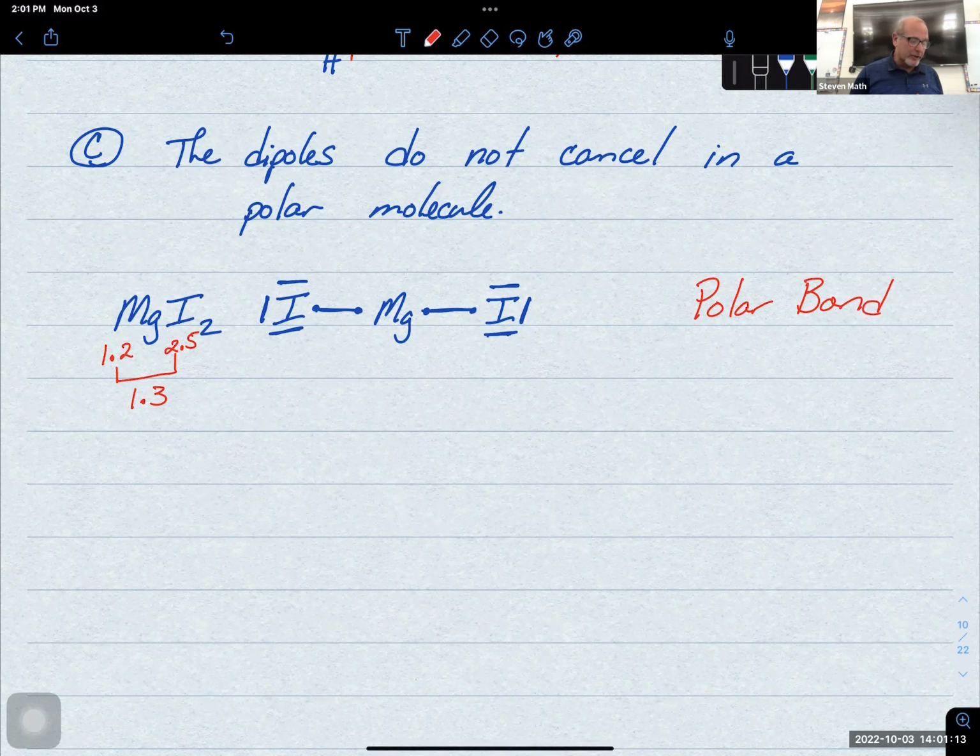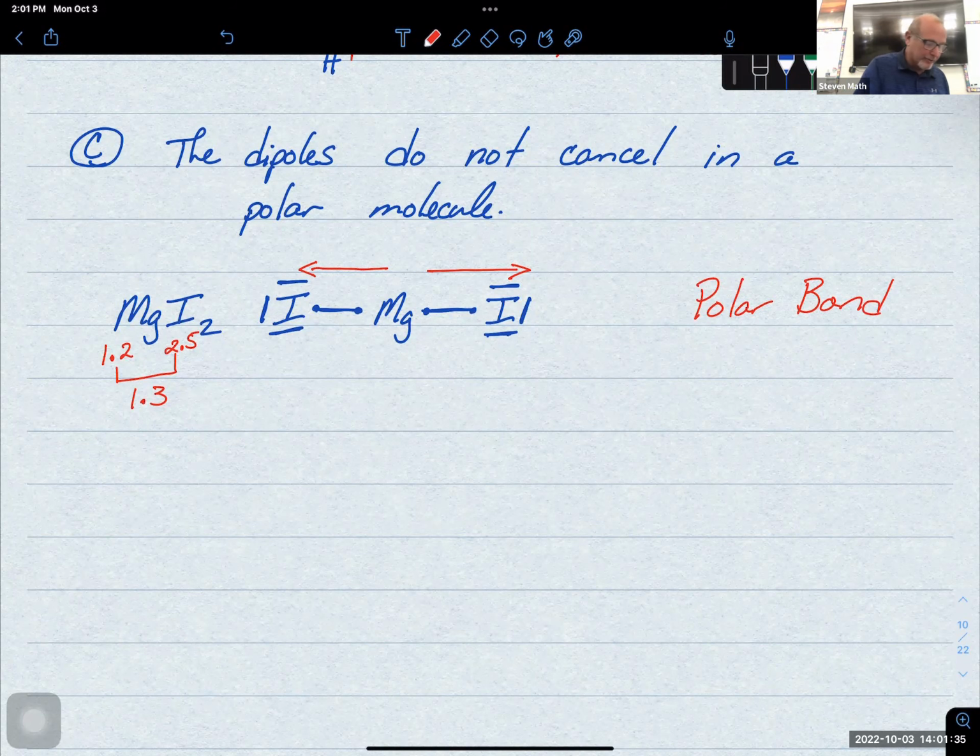Now, let's look at the direction of the electron flow. The iodine is 2.5, the magnesium is 1.2. So the arrow that we can show is electrons are being drawn toward the iodine because it has a higher electronegativity.